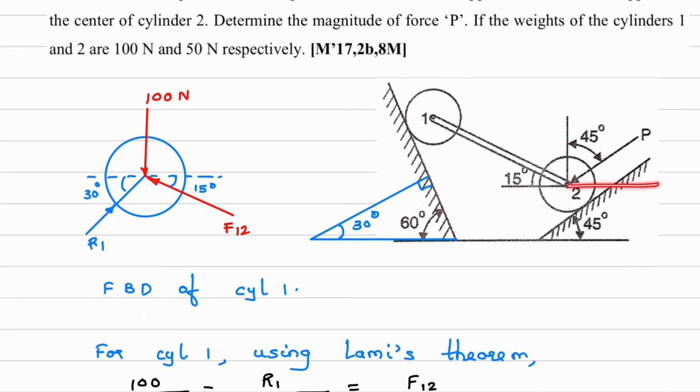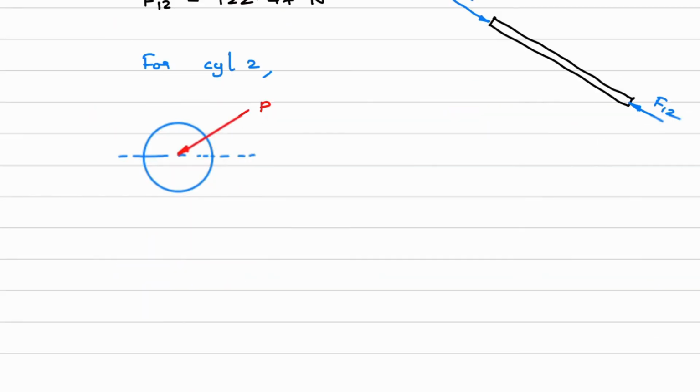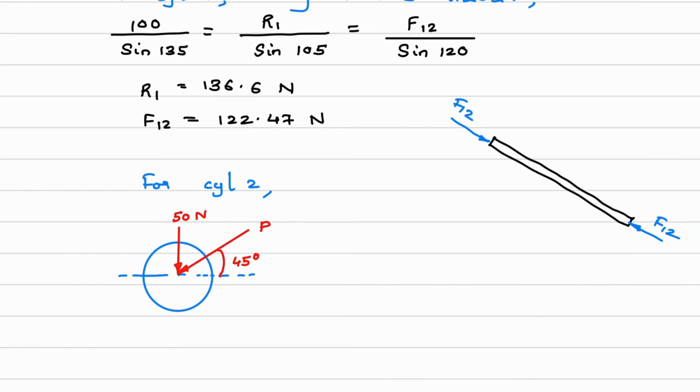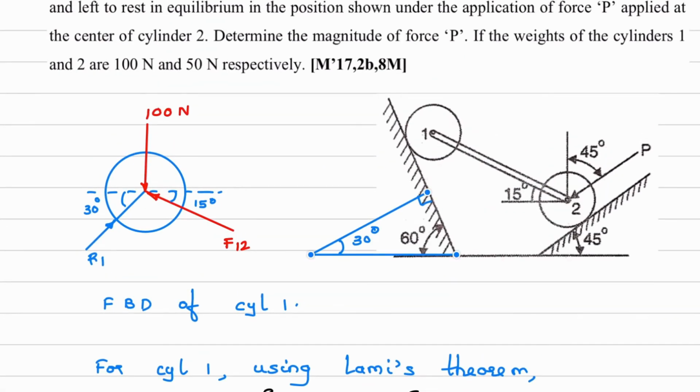So with respect to horizontal, it will again be 45 degrees. So I'll show that angle. So this angle is 45 degrees. Next, the weight of the cylinder is acting in the downward direction. That weight is 50 Newton. Okay, and if you see F122, that is acting in this direction.